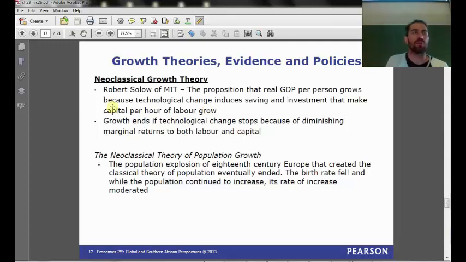So what then drives growth? It's anything that drives increases in capital. So primarily, growth ends if technological change stops. So one of the things is, of course, as you get more capital, the marginal returns to that capital diminish, which means your incentives to invest in that sort of capital diminishes.